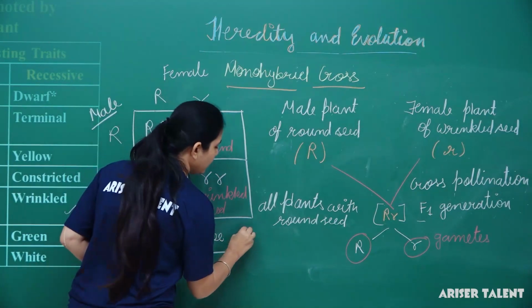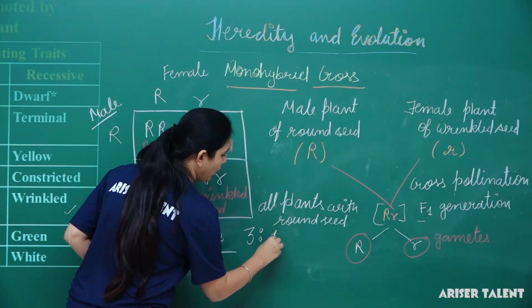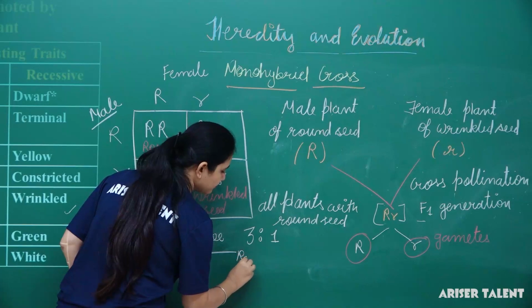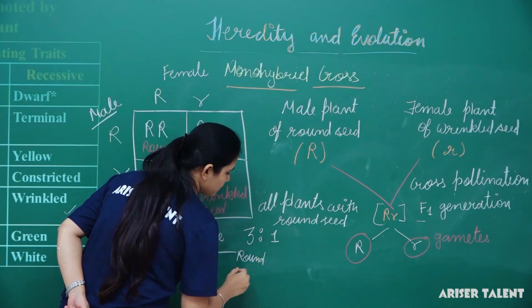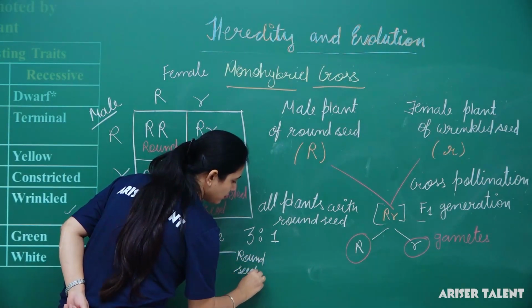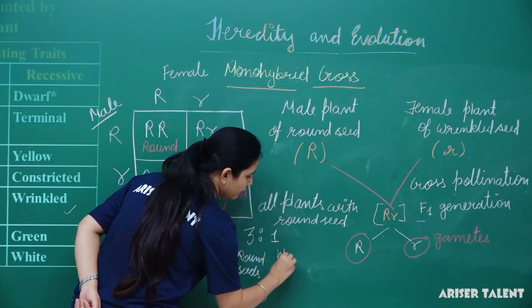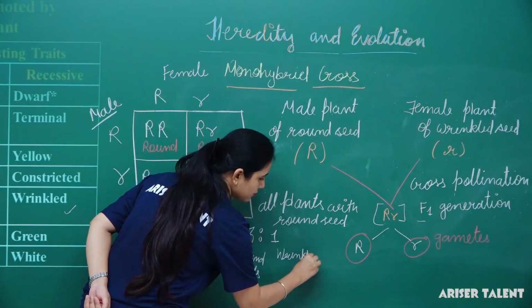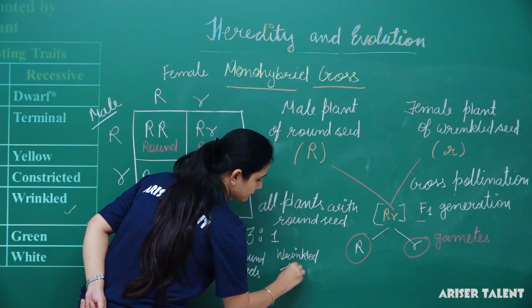So phenotype will be 3:1, meaning 3 plants will have round seeds and 1 plant will have wrinkled seed.